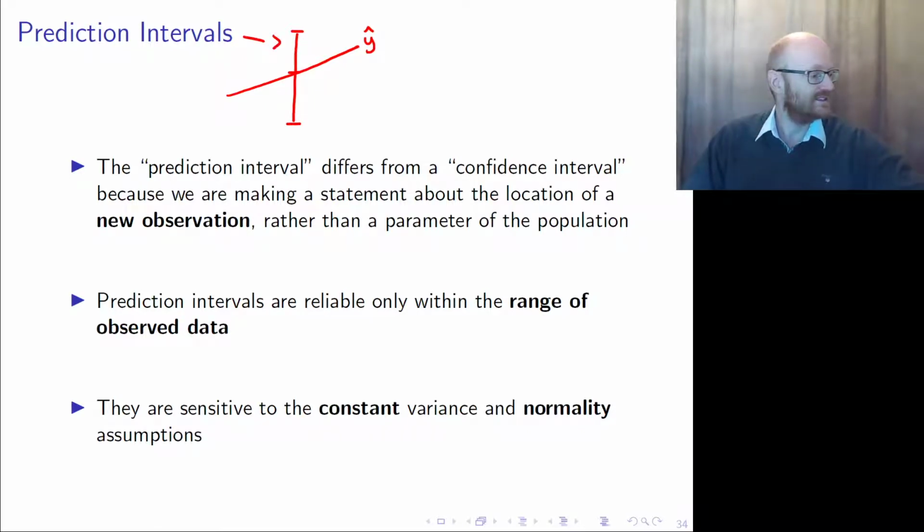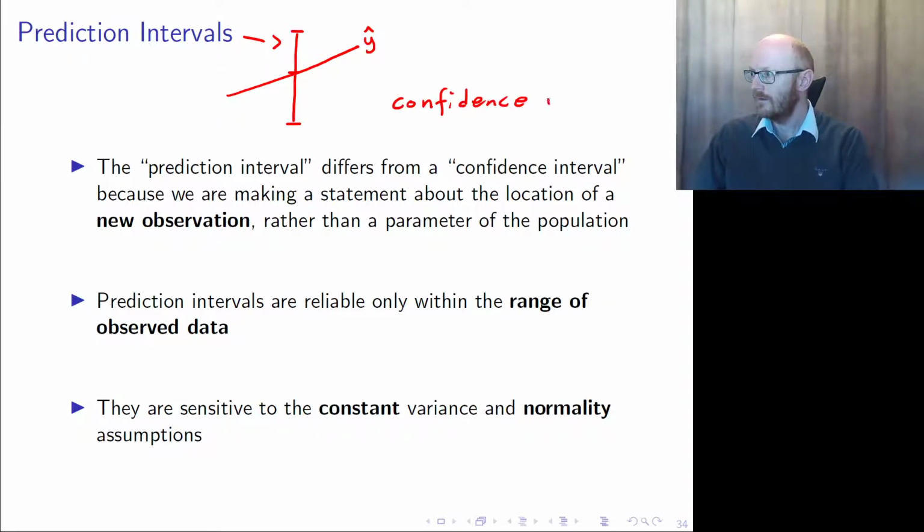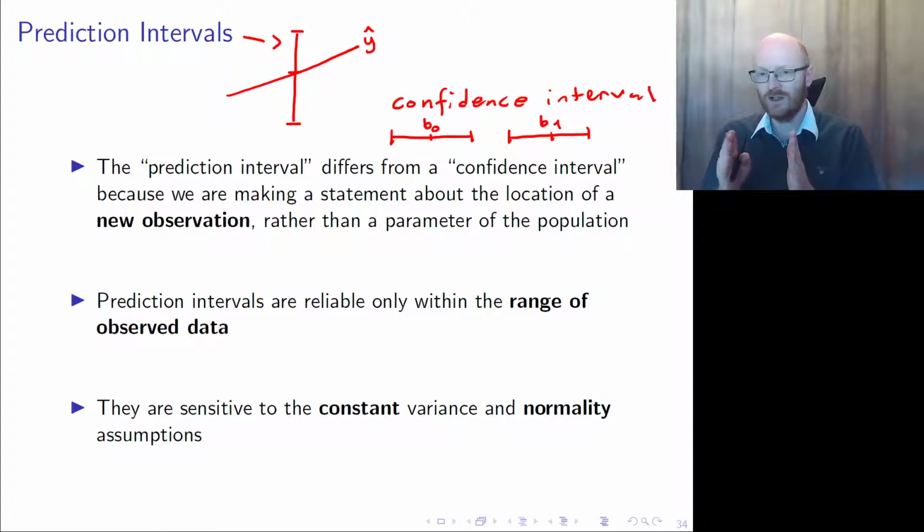The confidence intervals are kind of these horizontal lines where you have the beta naught and the slope, and you make an interval along the number line where these should be.